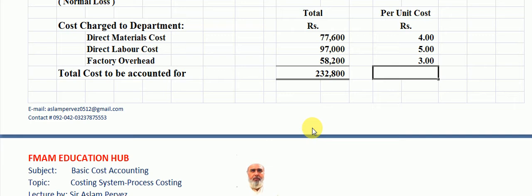Students, these are the per unit costs in direct material cost, direct labor cost, and factory overhead cost here. We have to add up. This is the total cost per unit.